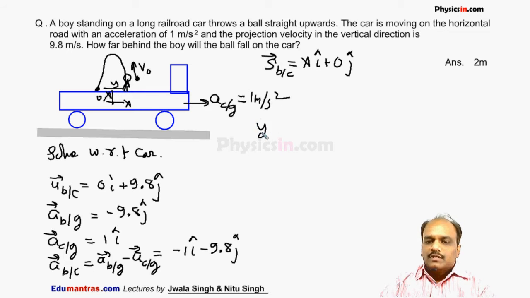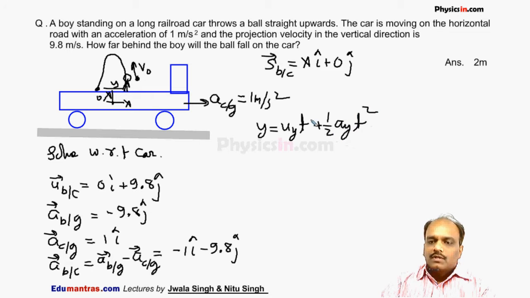So I can say the vertical displacement is equal to uy into t plus 1 by 2 ay into t square. So vertical displacement is 0. I will substitute it here. 0 is equal to uy, the vertical velocity of the ball, 9.8 j cap into t, and 1 by 2 ay, where ay is minus 9.8, into t square.